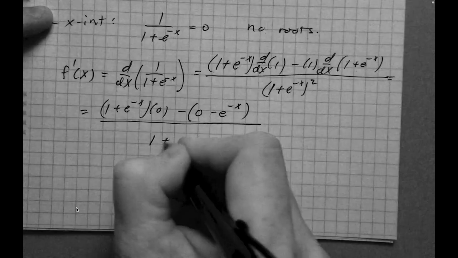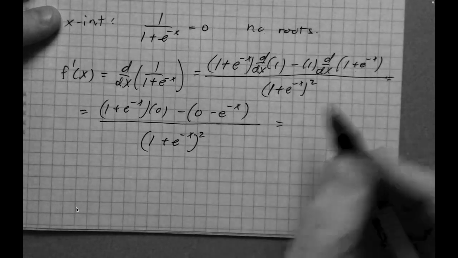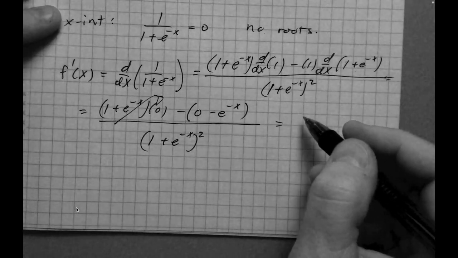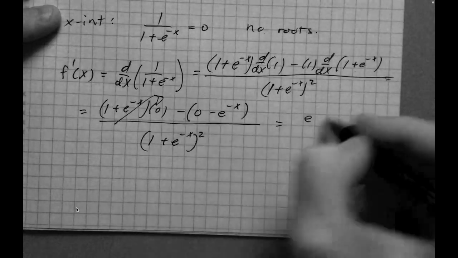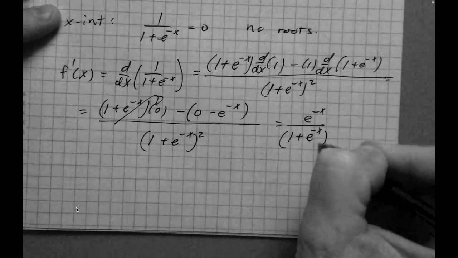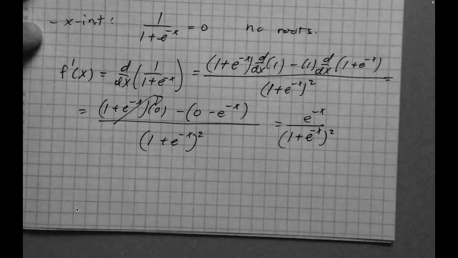And then it's 1 plus e to the negative x, squared. So this is all gone. And up top you just have e to the negative x, right? Negative, negative. So you get that right there. Okay. So that's the first derivative.